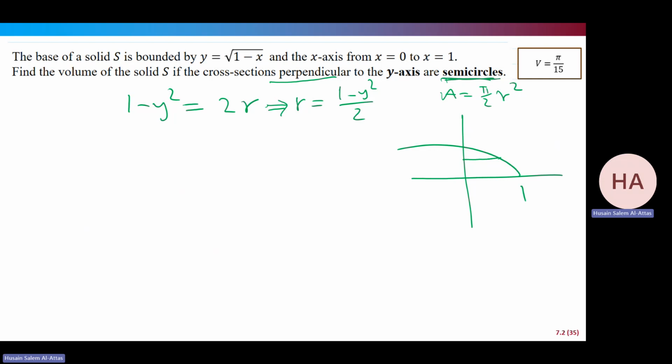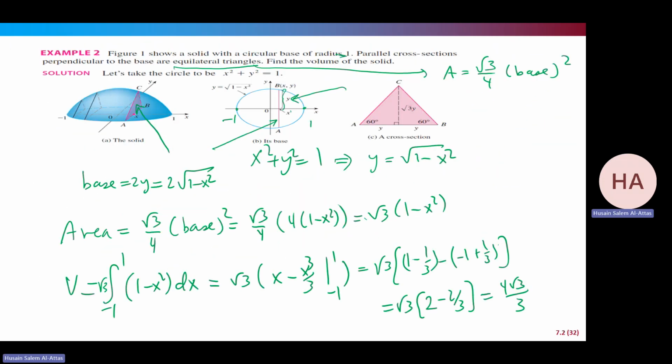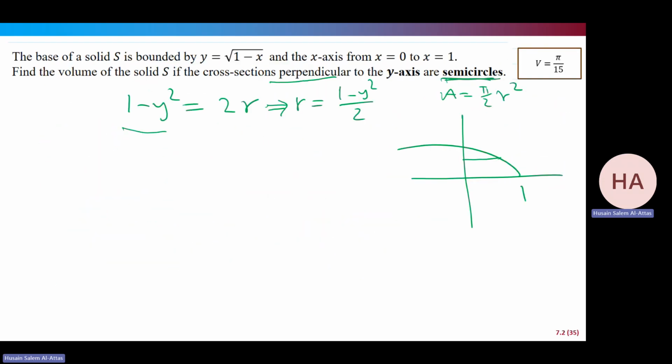It's my circle. It means when you do circles, this line is 2 times the radius, and I'm looking for the radius.